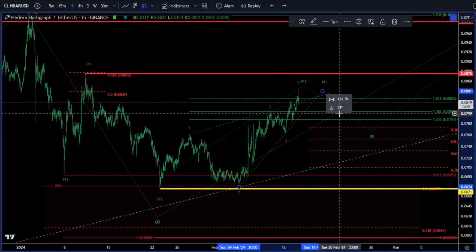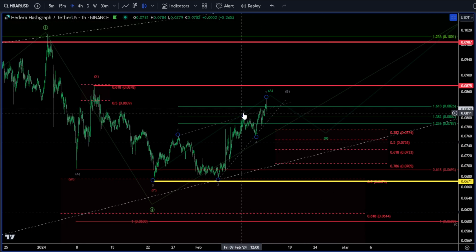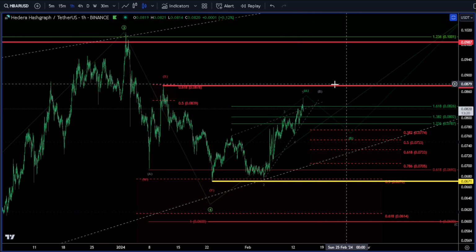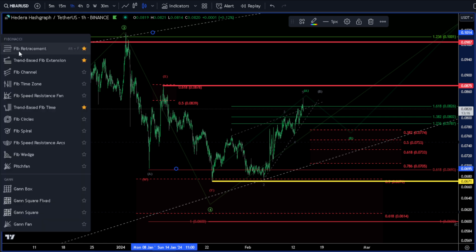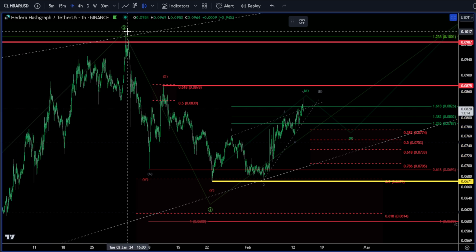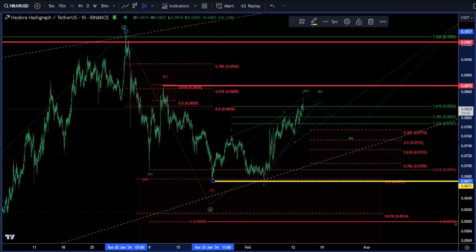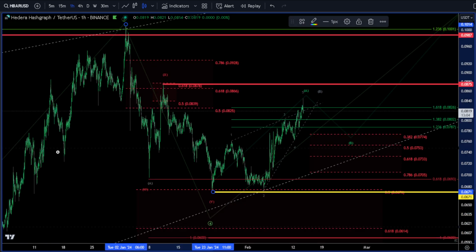But if we do get a little bit of upside, I would just adjust my third up to here, my fourth, and my fifth. As you can see, we've got to throw that on. I'm going to throw on my 618 of this move to the downside, just so I can see where a potential pivot or consolidation would come.